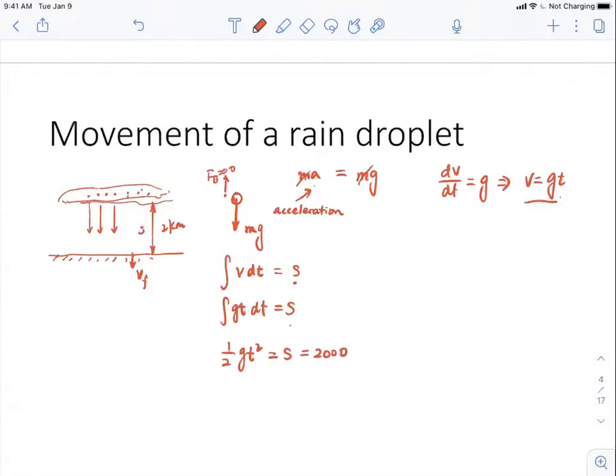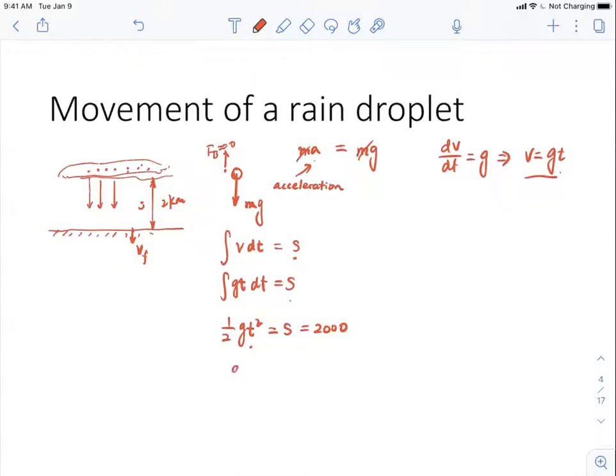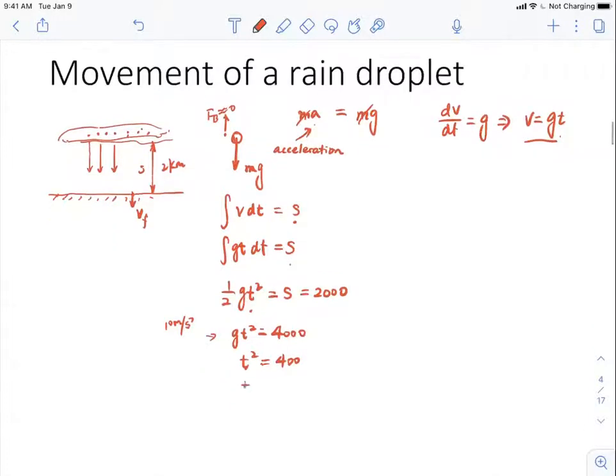That's 2,000 meters. So now we can calculate the time for this raindrop to fall onto the ground. So you have gt squared equal to 4,000. And then let's assume that g is 10 meters per second squared. So you just plug in 10, you have t squared equal to 400. And then t is equal to 20 seconds.